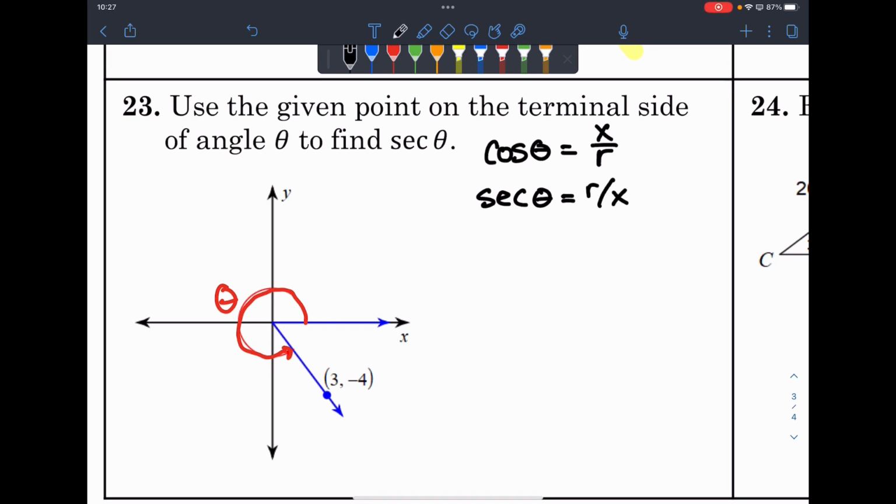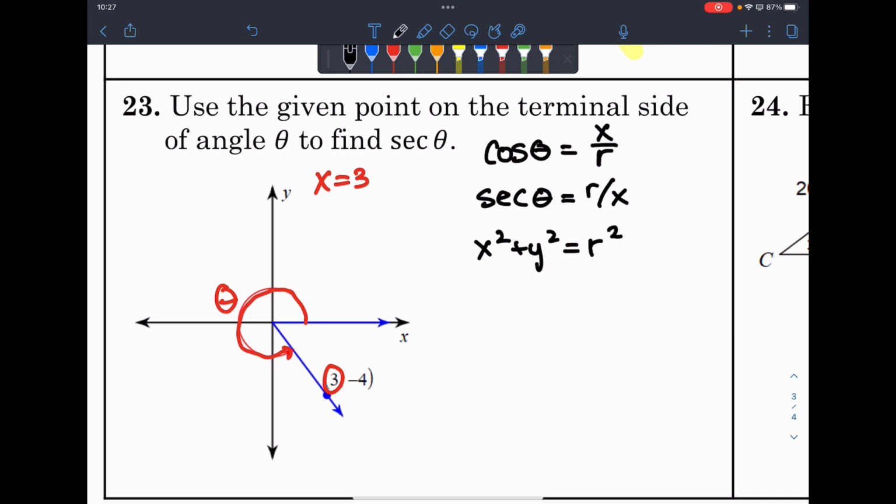Well, we know what the x value is. We can clearly see from the point that's given that x equals 3. What we do not know is the value of y. So the way we're going to figure this out is by using our little Pythagorean theorem, but with the variables x, y, and r.